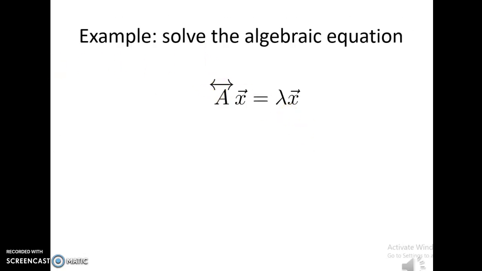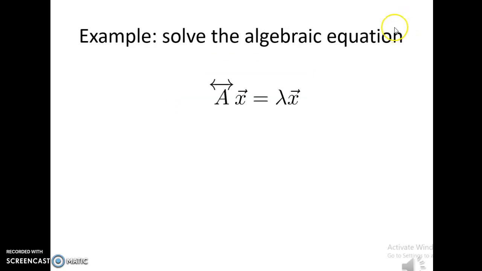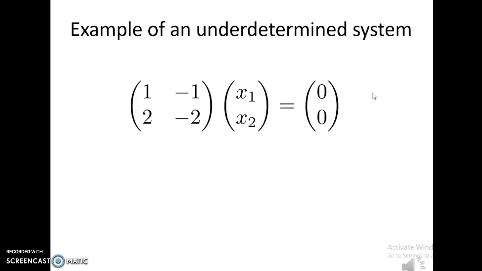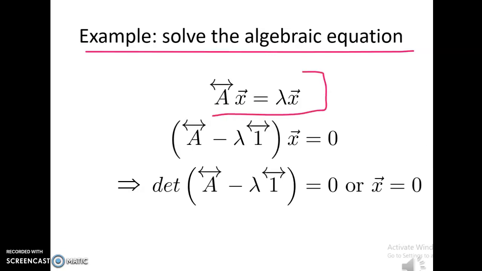Okay. Example: solve the algebraic equation Ax equal to lambda x.